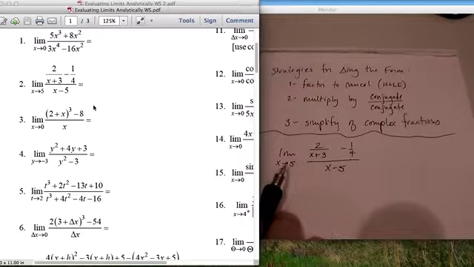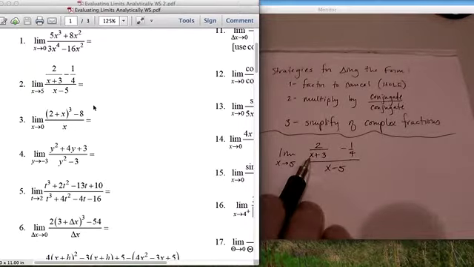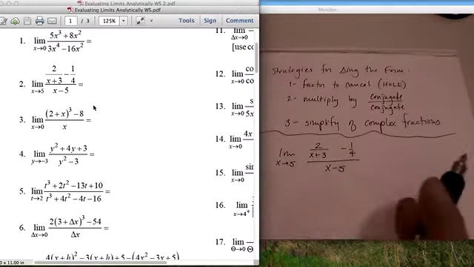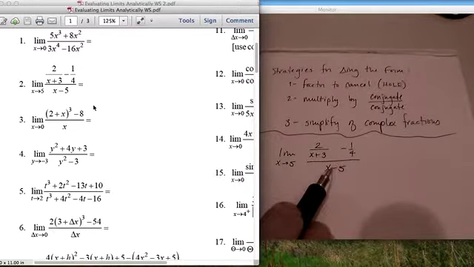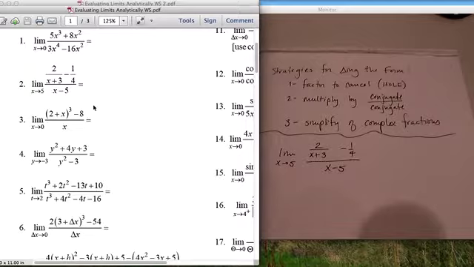If I plug 5 into this x, I'm going to get 2 over 8. Well, 2 over 8 is 1/4. 1/4 minus 1/4 is 0. In the denominator, I'm going to get 5 minus 5. So if I try to evaluate this limit by simply plugging in, I'm going to get the indeterminate form again, telling us that we need to change the form.